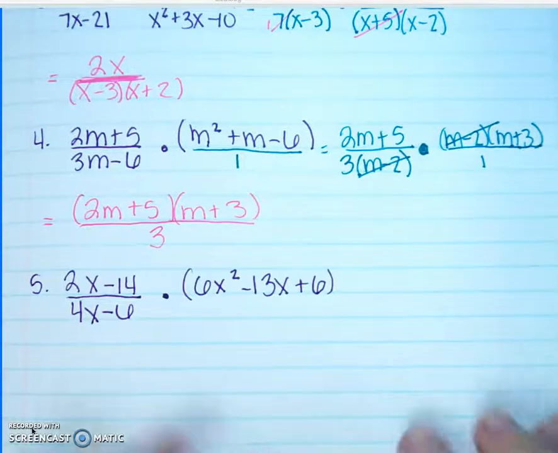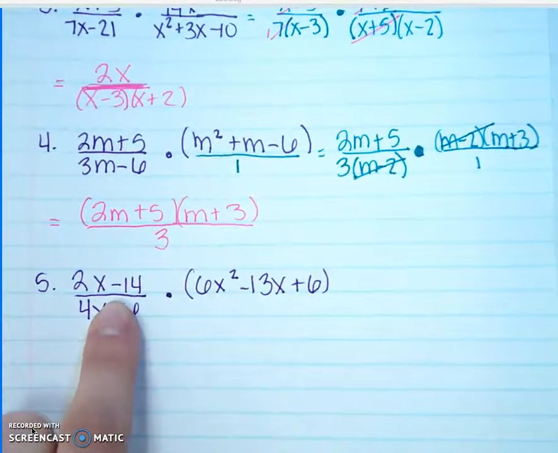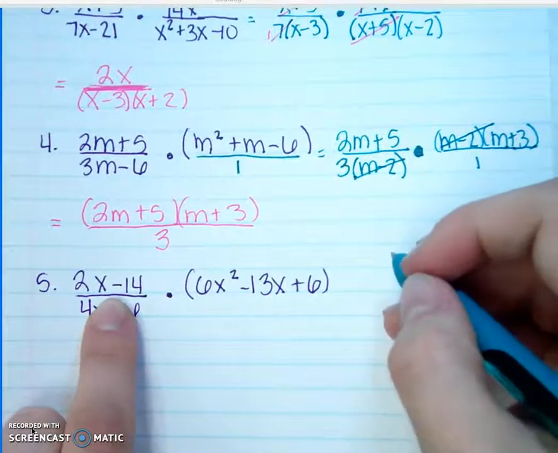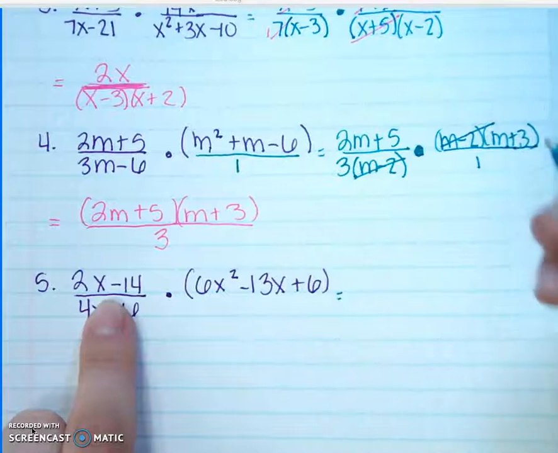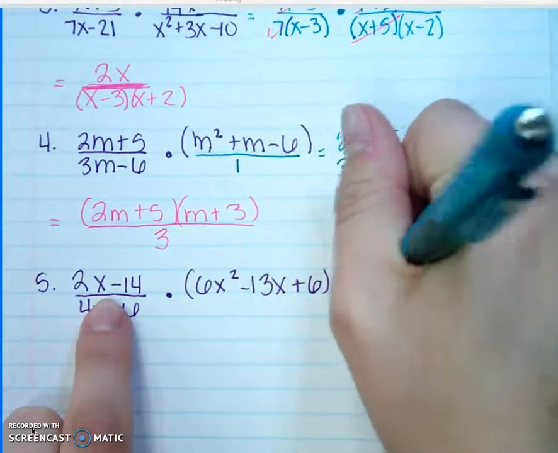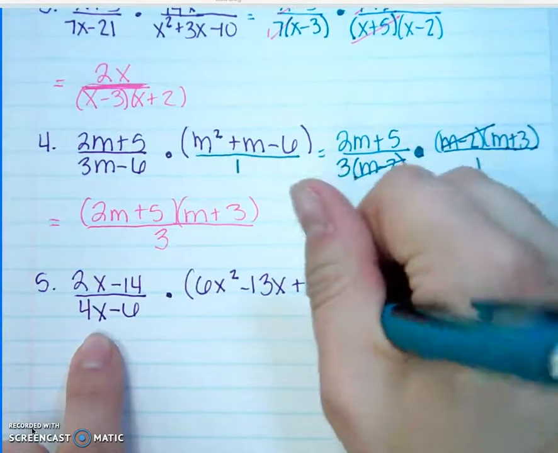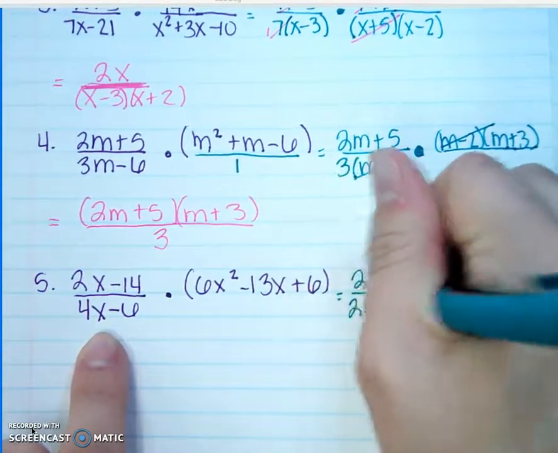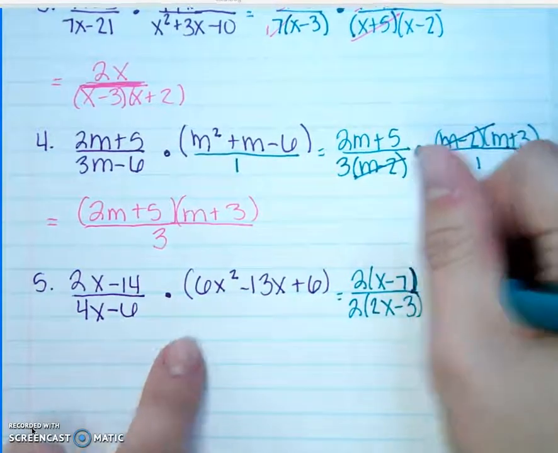Okay. I'm going to factor out of the top first. I can pull a 2 out, x minus 7, and on the bottom, I pull a 2 out, I'm left with 2x minus 3. Okay. That's all being multiplied.